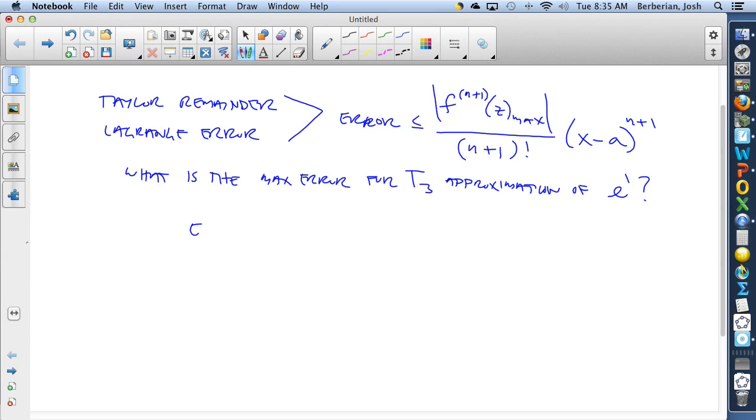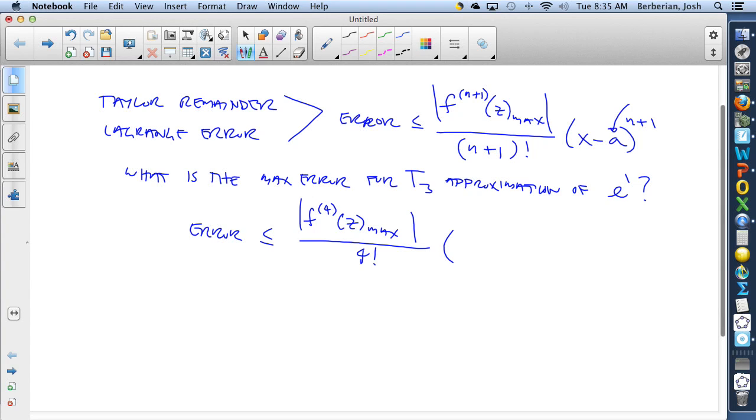So the error is going to be less than or equal to, if I'm talking about a 3rd degree Taylor polynomial, what derivative am I talking about? The 4th derivative of z max. What does that mean? All right, coming back to that. Over 4 factorial. And now I need to figure out what x is and what a is.